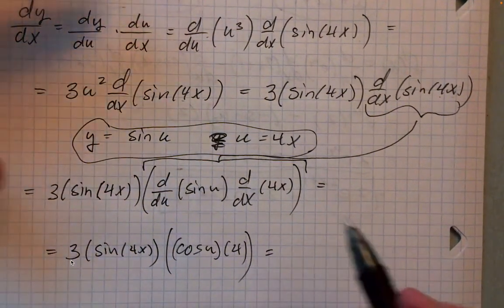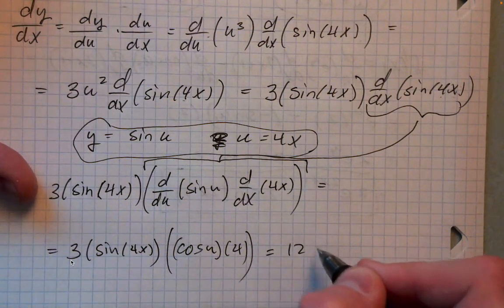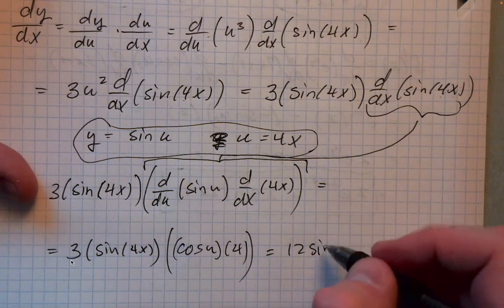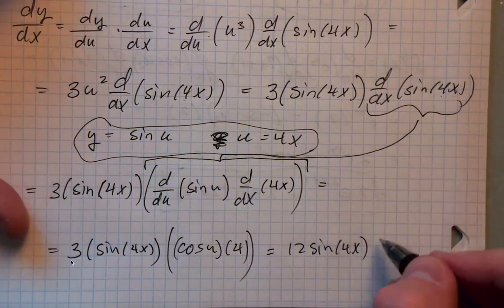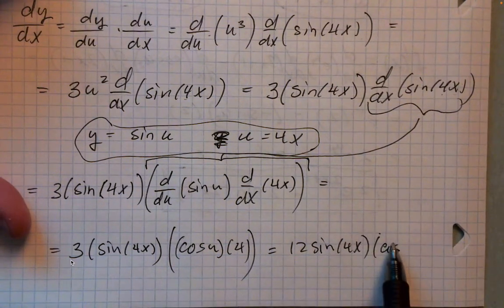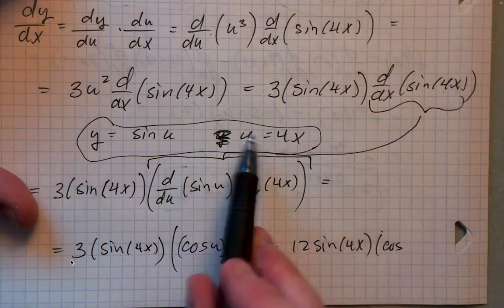And so basically you've got the 12 sine of 4x times cosine of, and then what did we say the u was here? U is 4x.